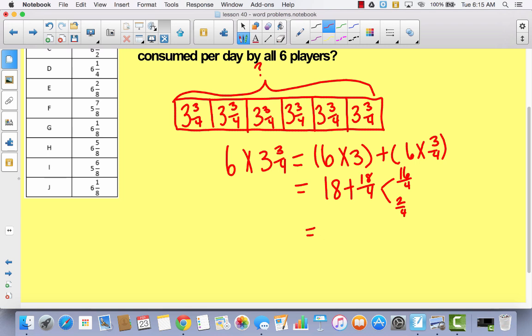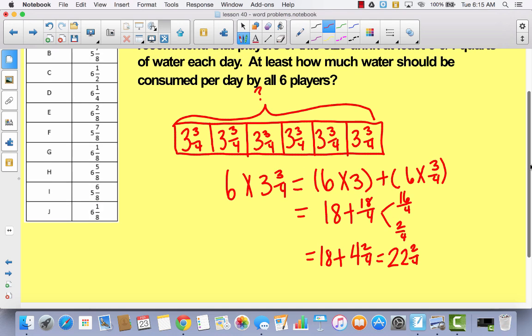So now I've got 18 plus, and when I look over here at my 16/4, this is 4/4 4 times, because 4 times 4 is 16. So that's the same as a whole number 4 and 2/4. When I add these together, 18 plus 4, I have 22 and 2/4. So let's go back up here and look at the question. At least how much water should be consumed per day by all 6 players?